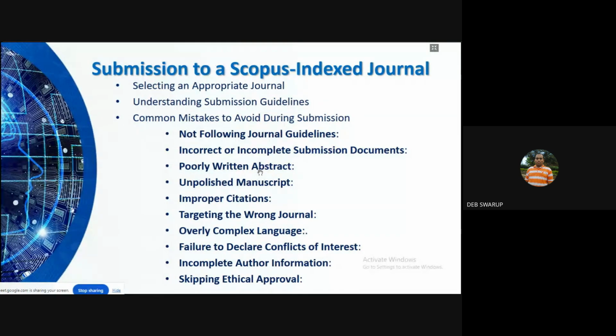Clear? Then poorly written abstract. This is one of the most common mistakes again. The required word length of the abstract will be 150 to 200 words, or 150 to 175 words. If the abstract is 180 words, the logic is that I cannot reduce 5 words.